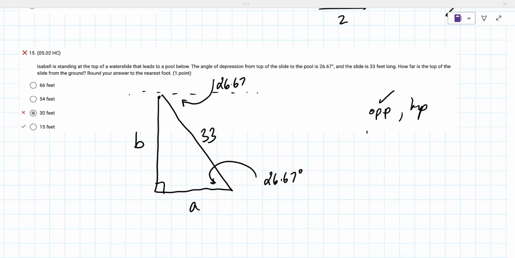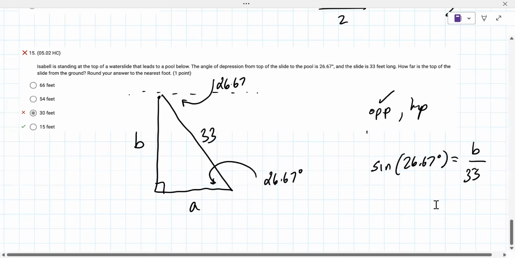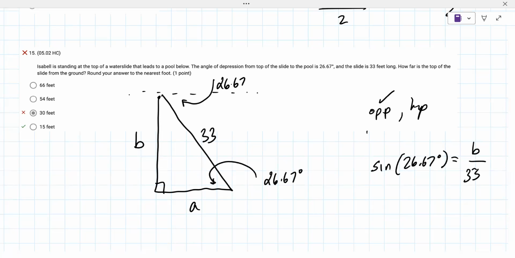Sine. The sine of 26.67 degrees equals the opposite, B, over 33. Go ahead and solve that for B, and let me know if that's what you expected.